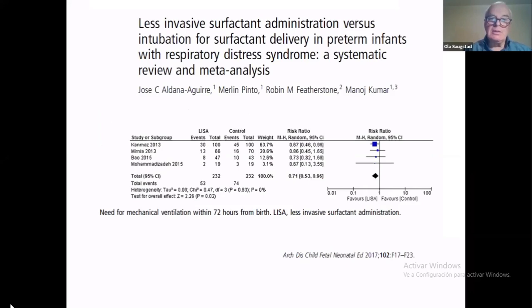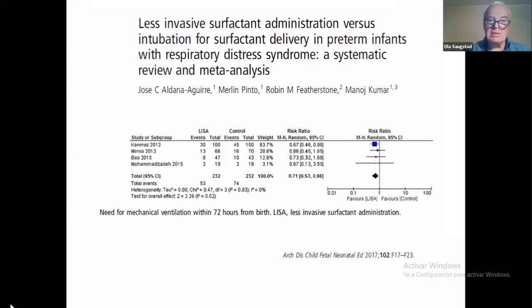Now, what about the newer modes of administration, as less invasive surfactant administration versus intubation and surfactant delivery?